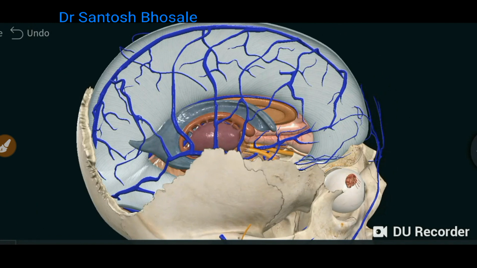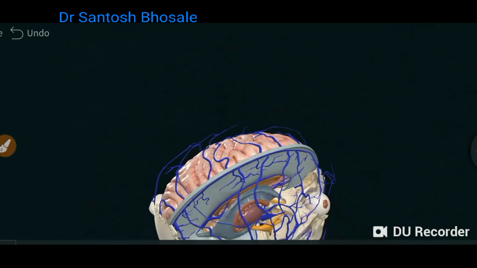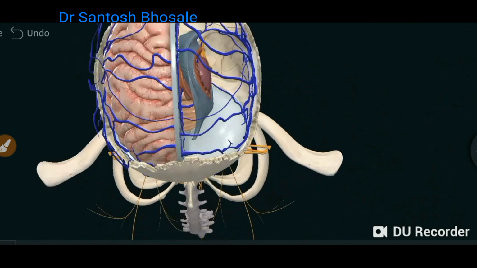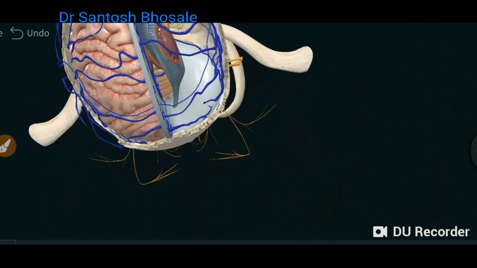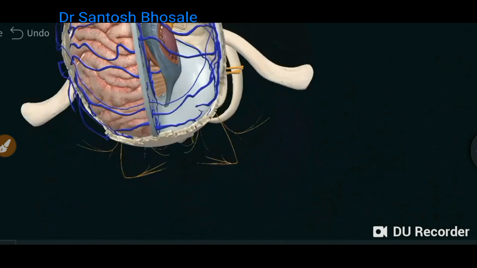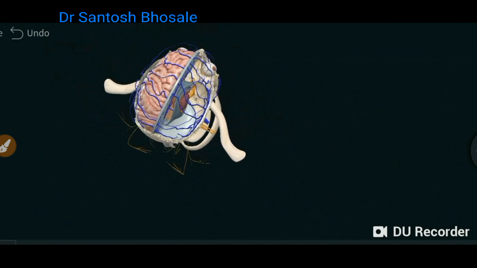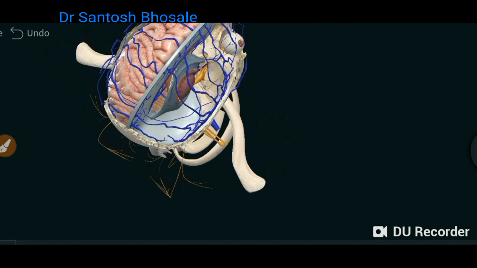Now you will see the superior cerebral veins, diploic veins and emissary veins. Here you can see, once you zoom here, this side you can see the intact left cerebral hemisphere, and once you zoom here you will see these structures.